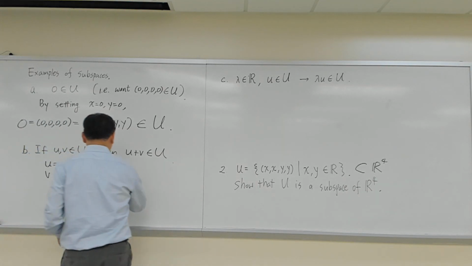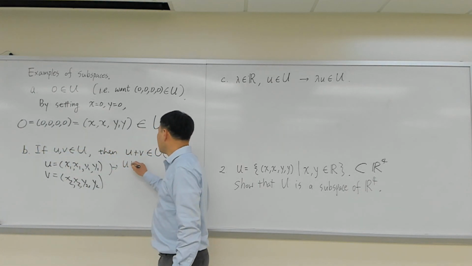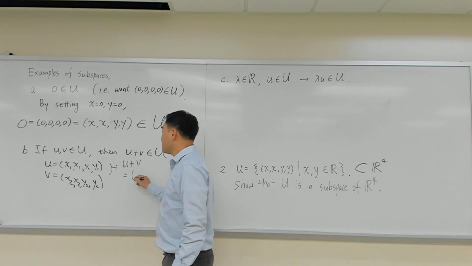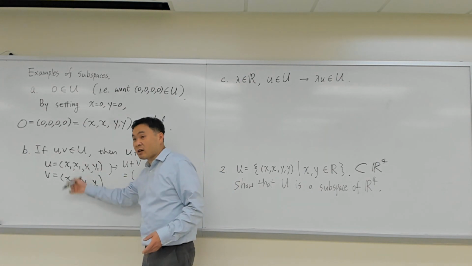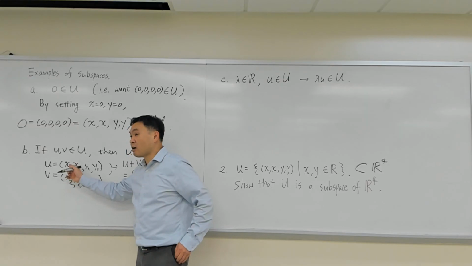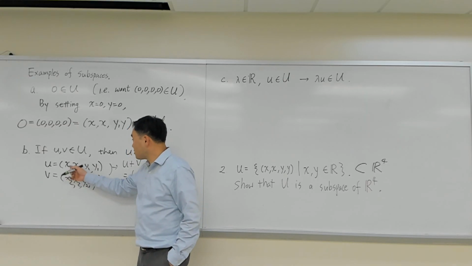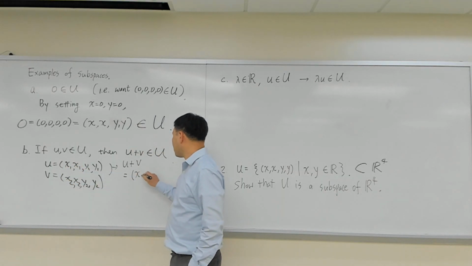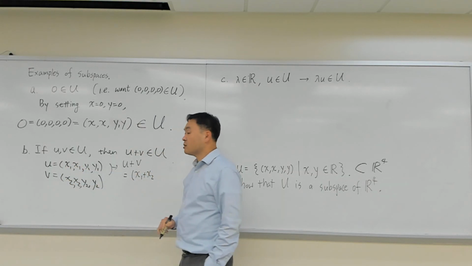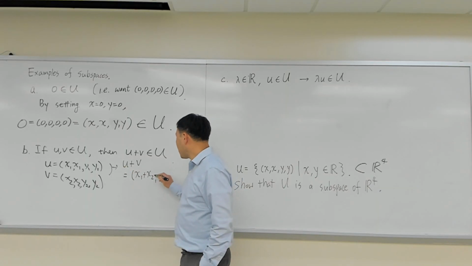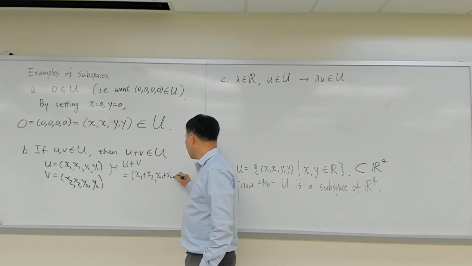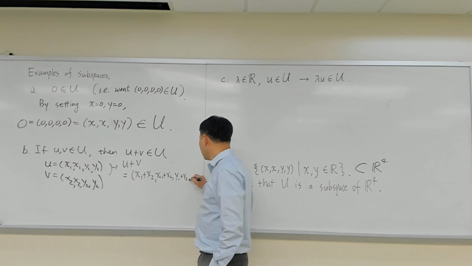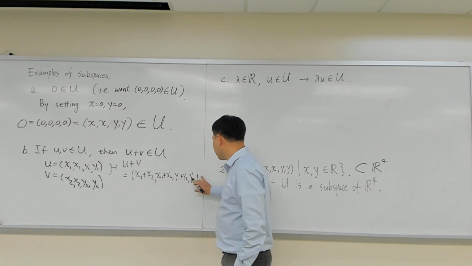And therefore, if you do u plus v, then because you're adding coordinate-wise, that's how you add two vectors, right? So in Rn, the way you add two vectors is by coordinate-wise addition. So you get x1 plus x2 as the first component, x1 plus x2 again, y1 plus y2, y1 plus y2.